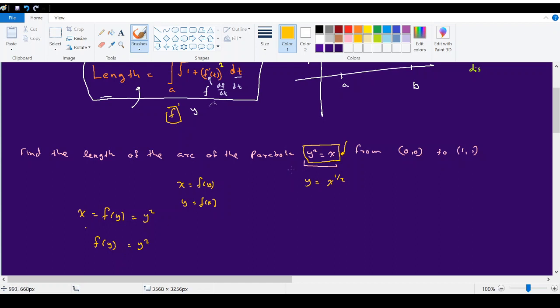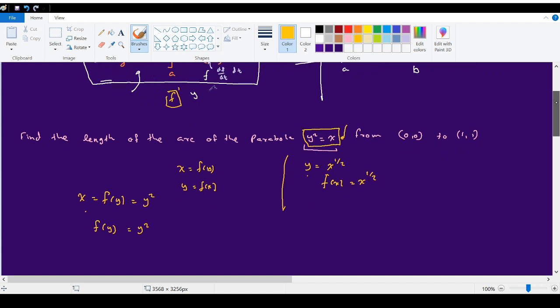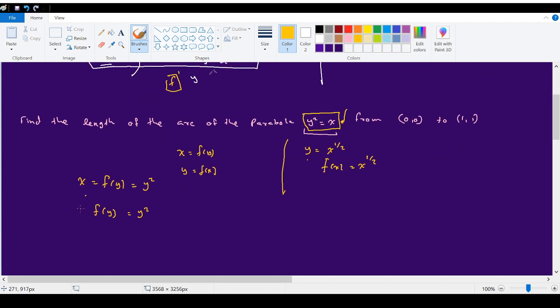But still, in this case also we can rewrite y as a function of x and compute everything by considering f(x) as x to the power half. Then again you should get the same answer, right? But in my working, I will consider x as a function of y, which is y squared, right?